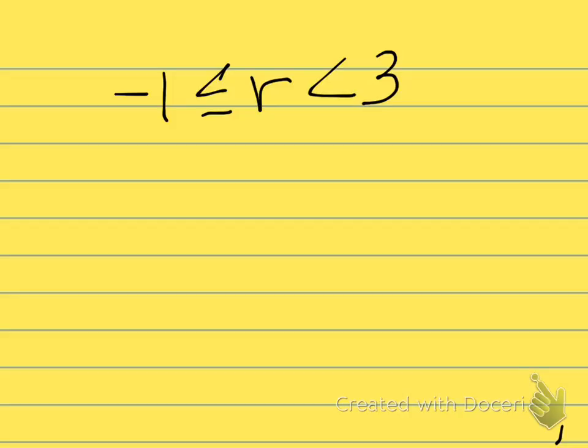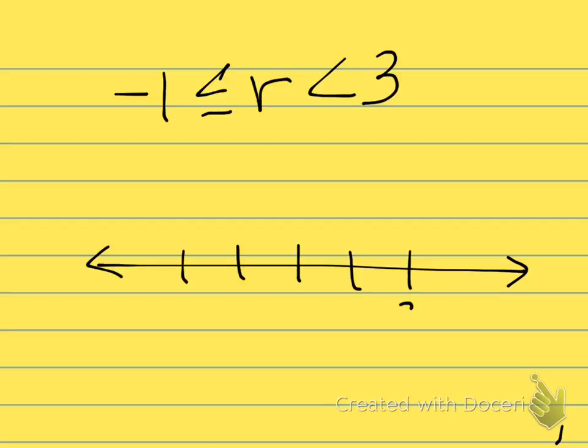And if you're reading from the variable, you have r is less than 3. So you would put an open circle at 3 going towards the left, and then you'd have a closed circle at negative 1.